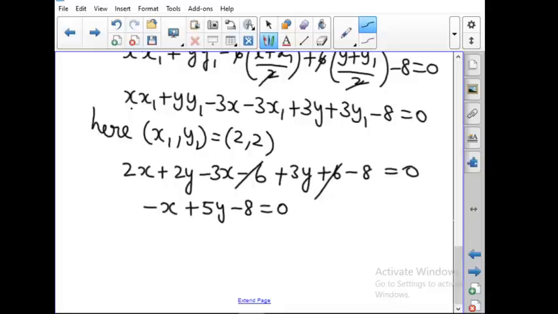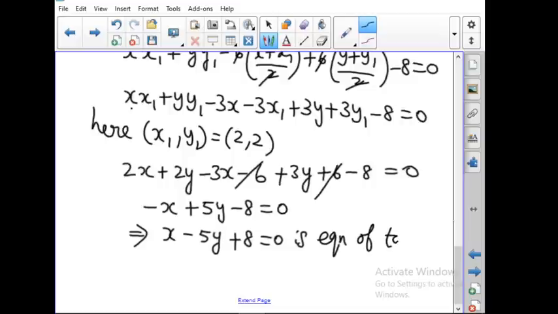So this equation can be rewritten by multiplying with the sign of minus: x minus 5y plus 8 is equal to 0, which is the equation of the tangent.